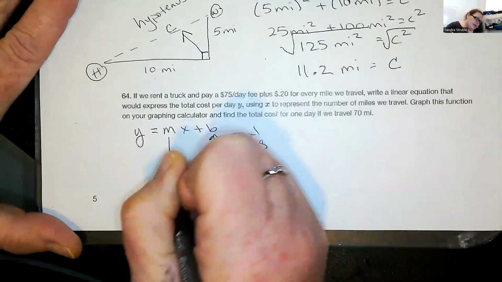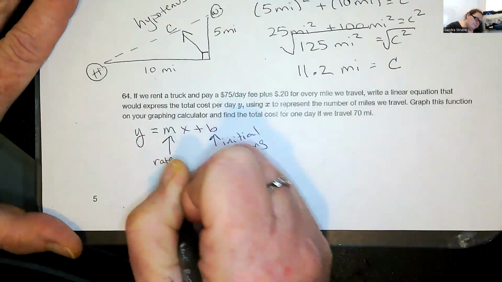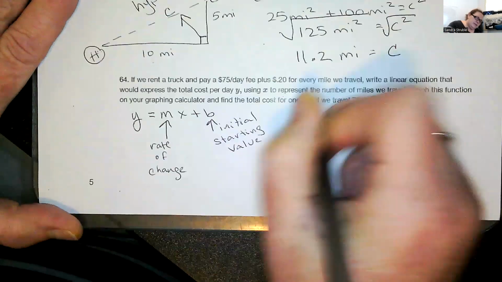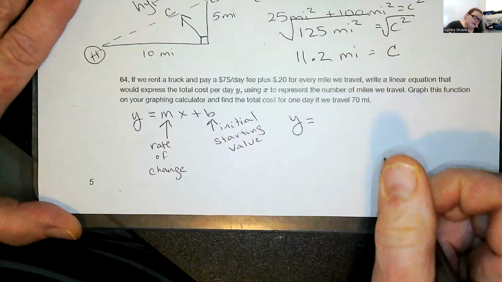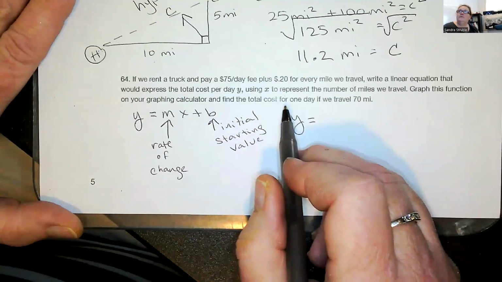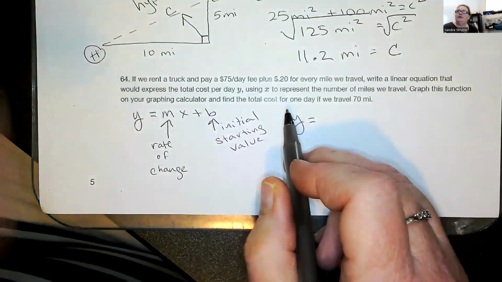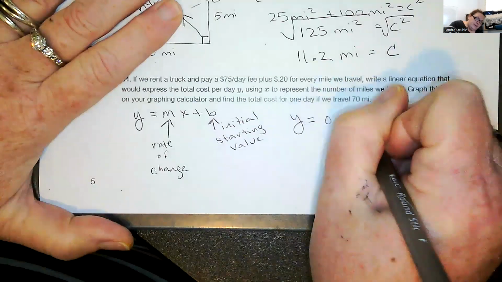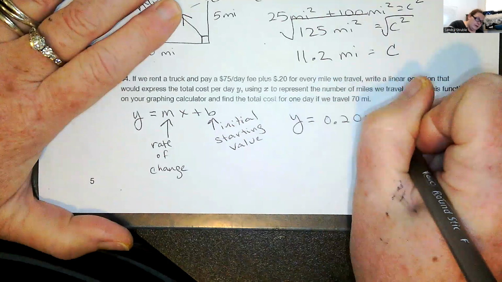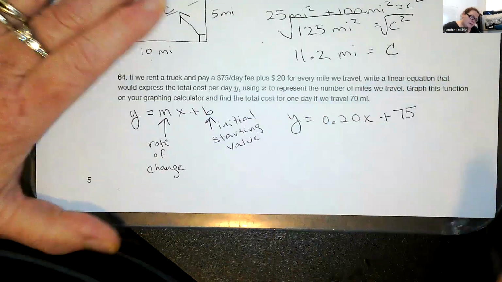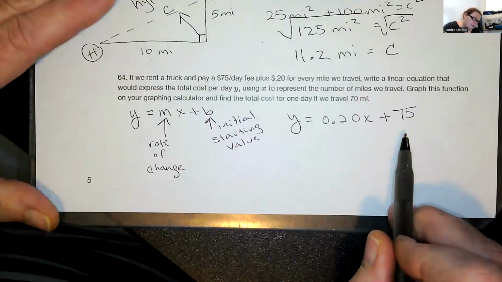And then the rate of change is your M, your slope. So in this case, Y equals the rate of change is the only thing that's going to affect this in regards to if numbers, the input changes, and that's the 20 cents because it's per mile. And then the original starting fee is positive 75. So there is our function.